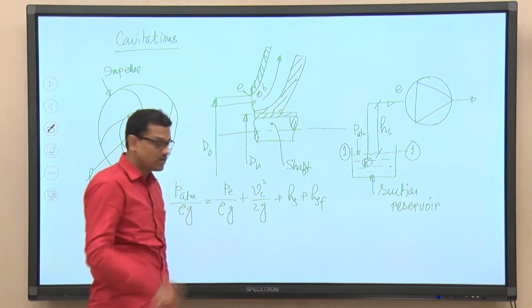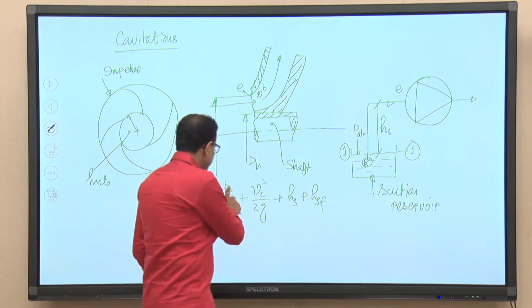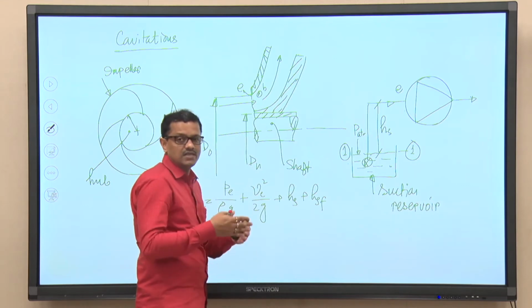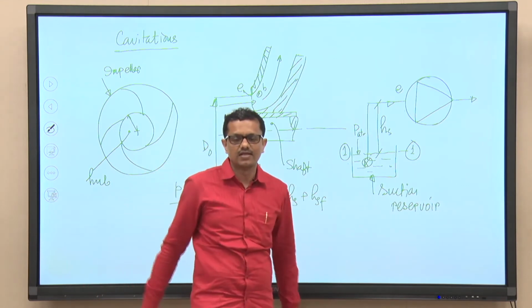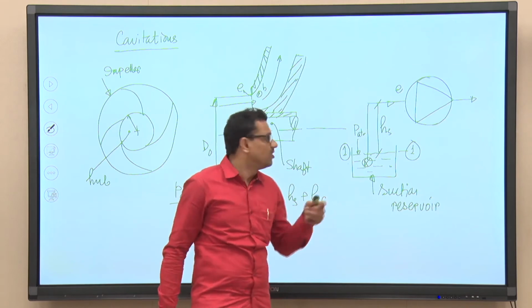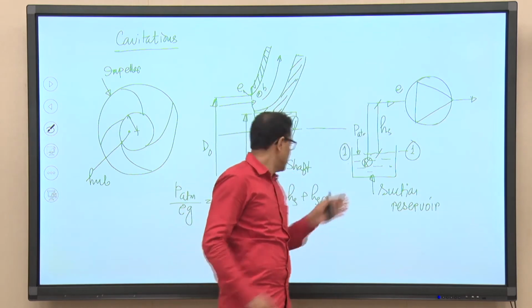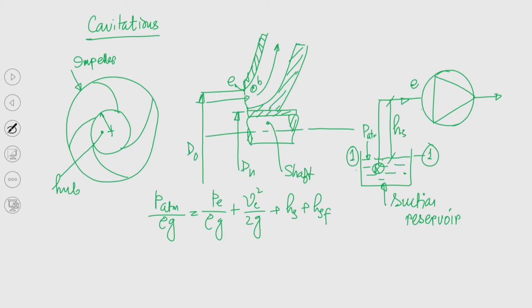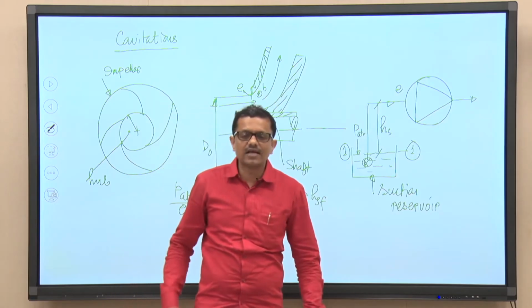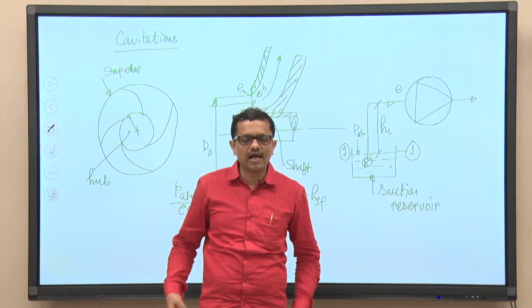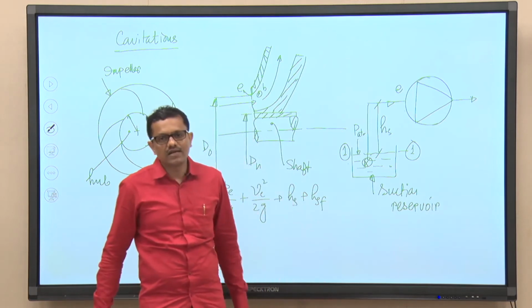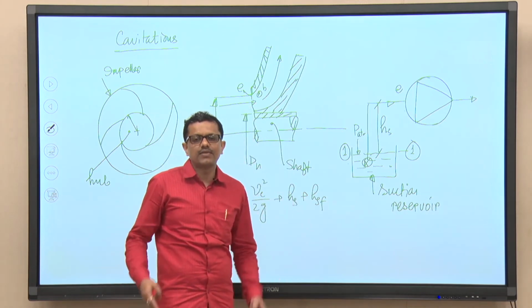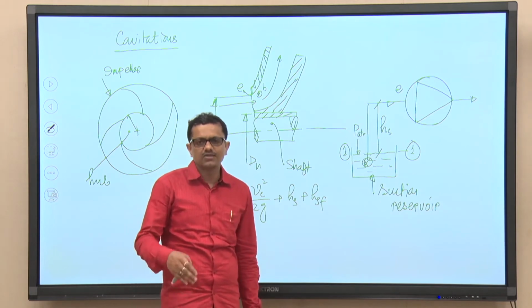Fine. Now, what is important? This P by rho g plus V square by 2 g, as we have seen, is the total head, inclusive of static plus dynamic head, which is available at point E. Now, if this head is above the vapor pressure at the prevailing temperature, probably we have no need to take preventive measures to avoid cavitation, rather cavitation will not occur at all, but that is not the case.